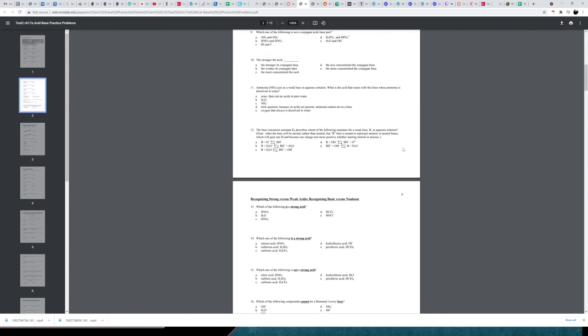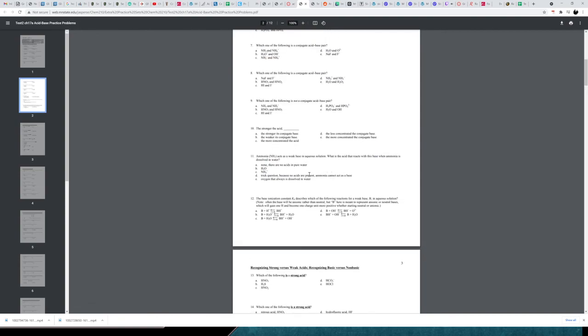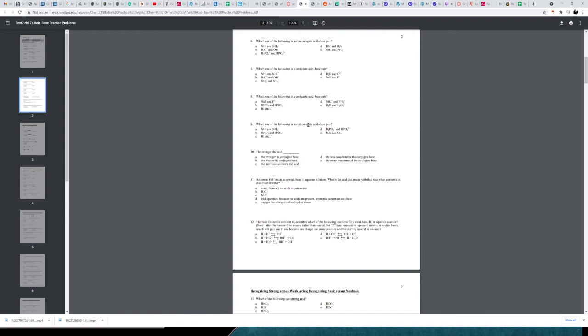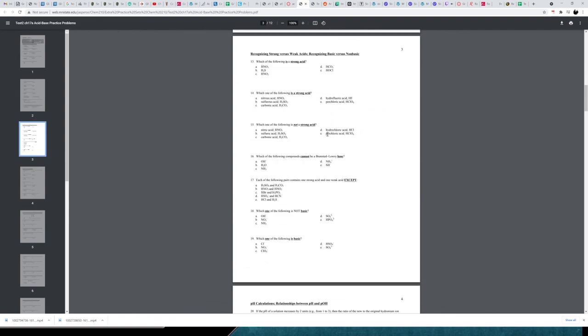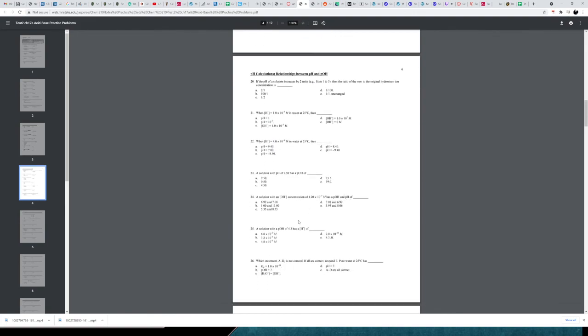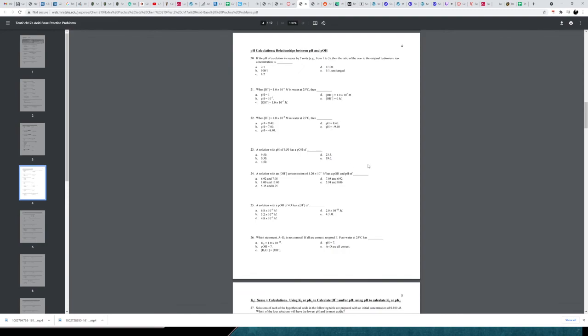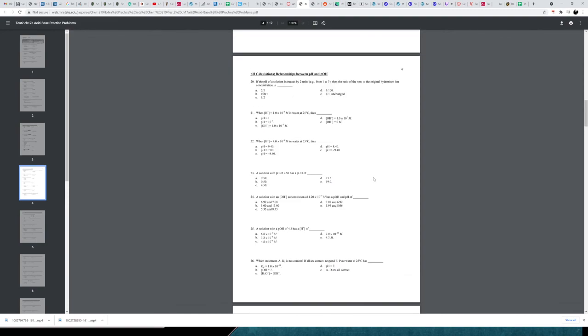Skip number 12. That's not something that we cover in this class, but there are some good things. You could figure out conjugate base pairs. You could do some pH calculations here. Or there's OH and pOH. I mean, all sorts of fun stuff here. So I would stick to the first 4 pages or so and skip number 12.